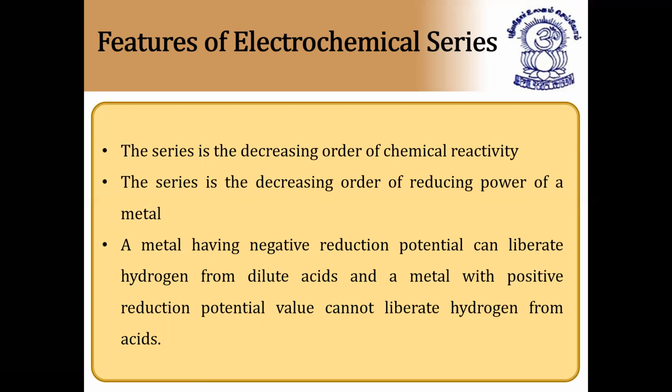So a metal having negative reduction potential can liberate hydrogen from dilute acids, and a metal with positive reduction potential cannot liberate hydrogen from dilute acids. So I hope it is clear. This point is very, very important.